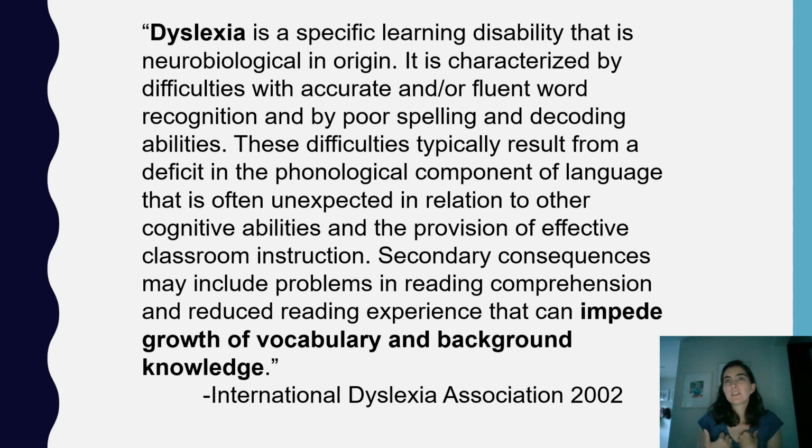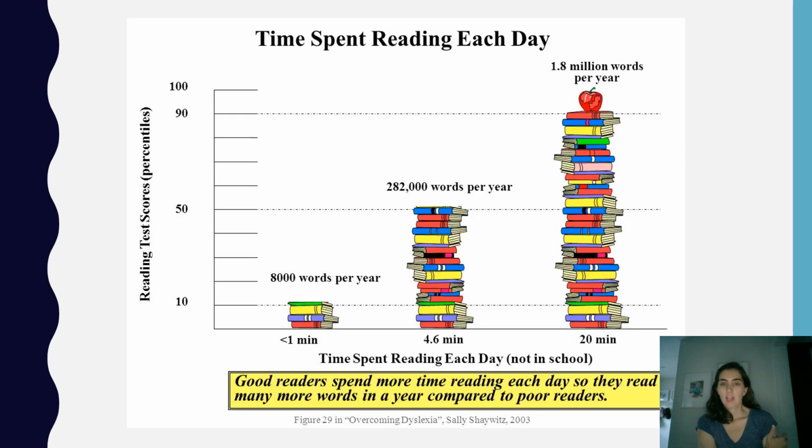And even sometimes the teachers can be blamed because as we're working on their decoding skills, we hold them back from developing their vocab and comprehension because of the books we expose them to. So if you can imagine the amount of books a child reads or the amount of minutes they spend reading in contrast with their peers, you can see the difference in how many words they're exposed to each year.